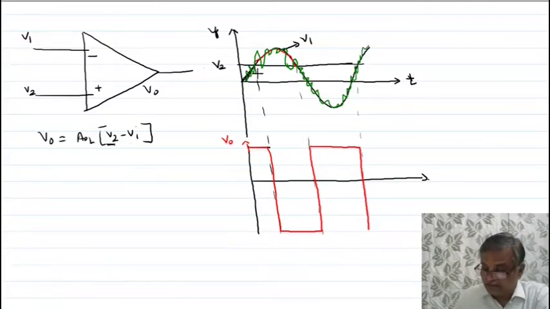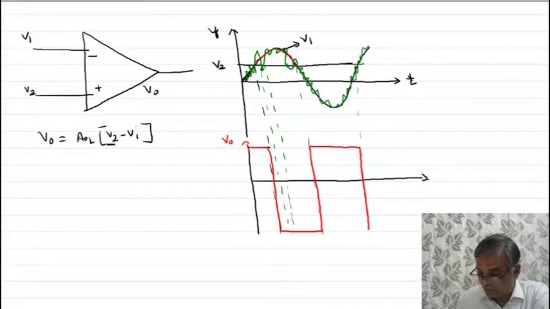Then you can see during this time your V1 is less than V2, so your output will not be minus Vsat, but it will be plus Vsat, so you will get such kind of output.